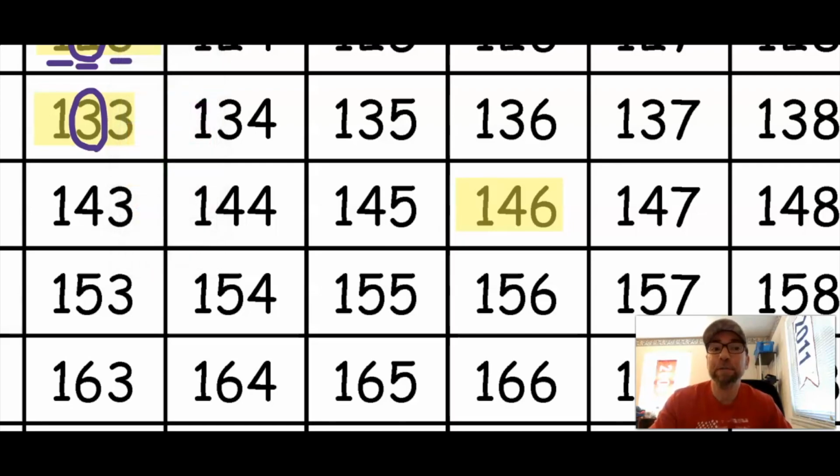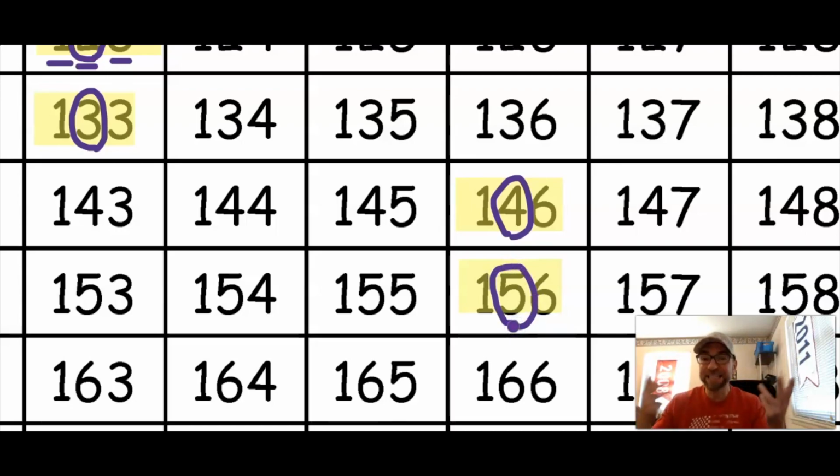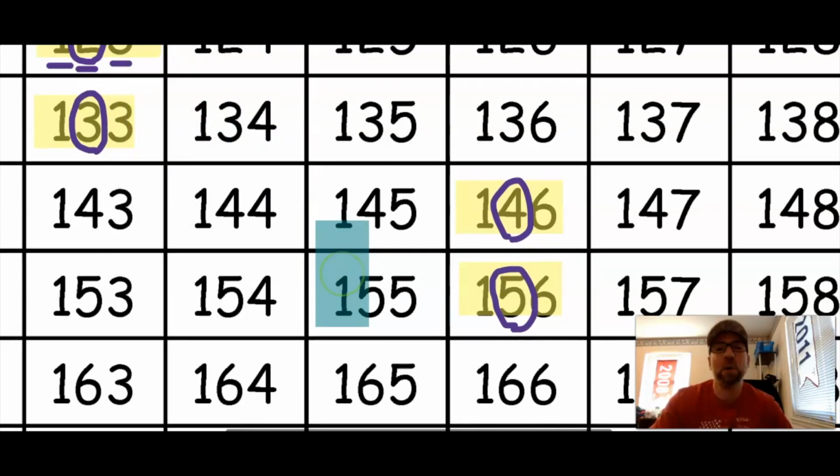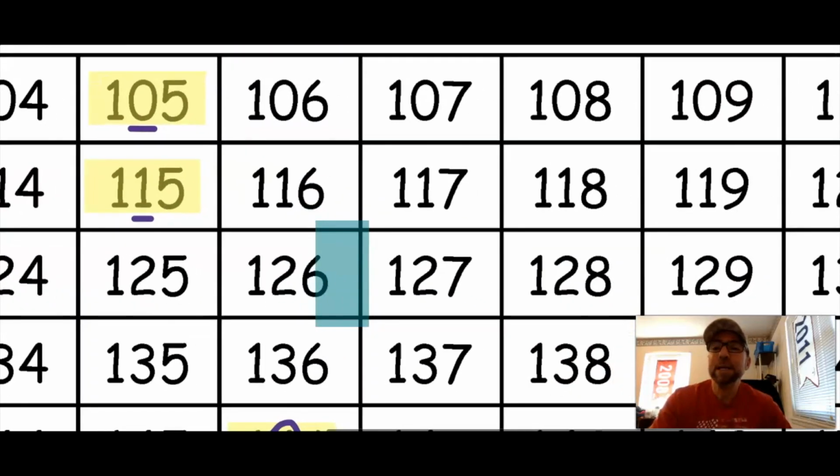Instead of 146, it's going to be 156. So we are able to add 10 to any number. Now, just like we can add 10 to a number, we also can subtract 10 from a number.